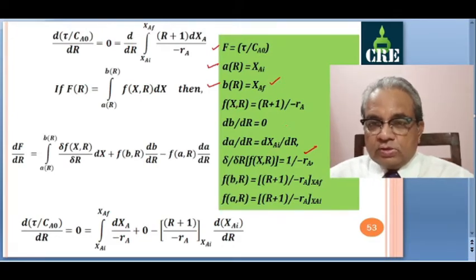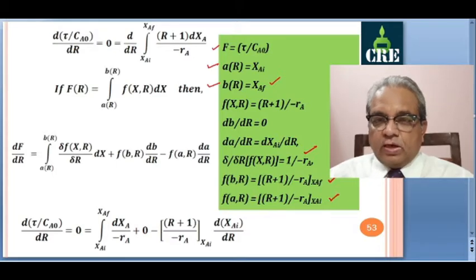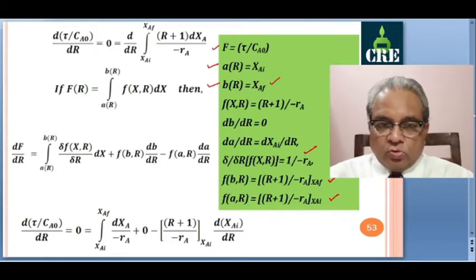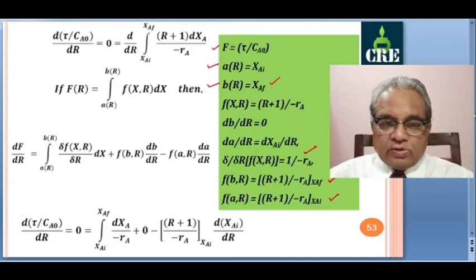So what is the function? R plus 1 by minus Ra, and b of r is XAF. At a of r it is XAI. So we will substitute all this. The differential with respect to R of tau by CA0 is set equal to 0.